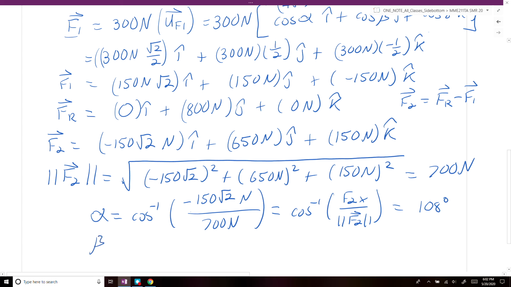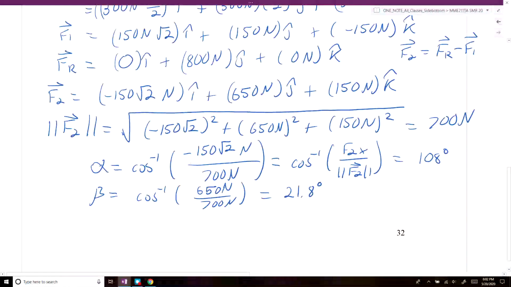Then we can do the same for beta: the inverse cosine of the y component, 650 newtons, divided by 700 newtons, which gives about 21.8 degrees. And for gamma, we take the inverse cosine of the z component of force 2, 150 newtons, divided by the overall magnitude, 700 newtons, and we get 77.6 degrees.